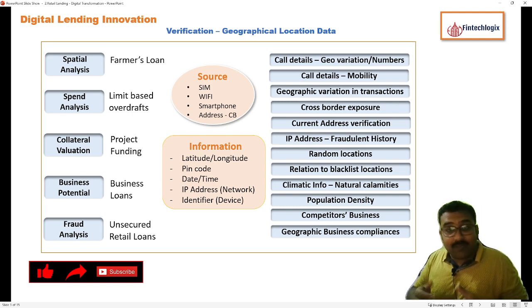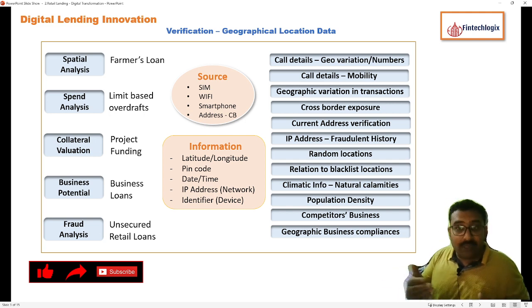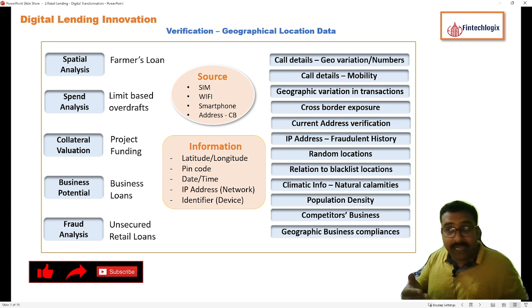Now business potential. When we're talking about population density and competitors' business, from the customer's location we are deriving the population density of that area, and whether and at what rate the business would grow, right? That helps in identifying business potential, which is helpful for business loan credit underwriting.